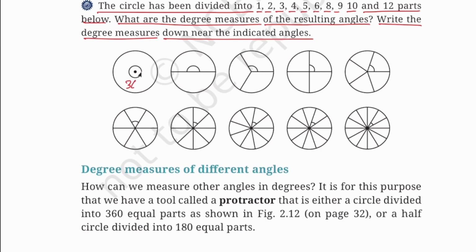This is 360. This is 180 degree. In the third figure, we have to divide 360 by 3. It will be 120 degree. Similarly, 4 parts, that is 90 each. 90 degree. 5 parts, that means you have to divide 360 by 5.